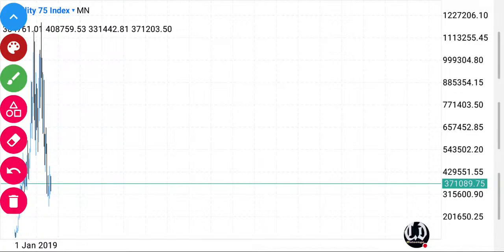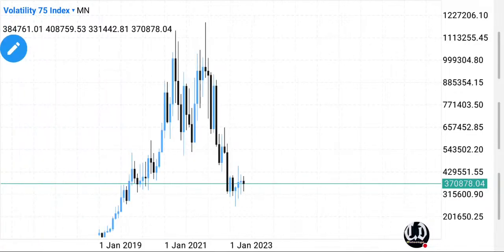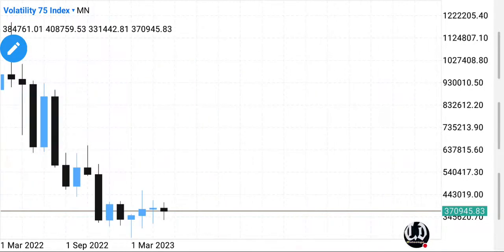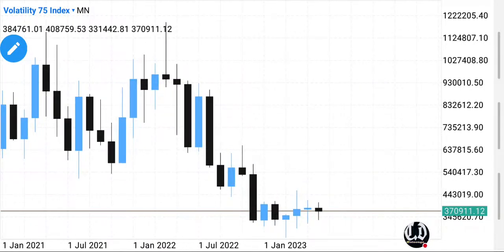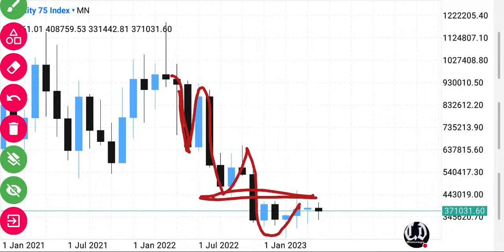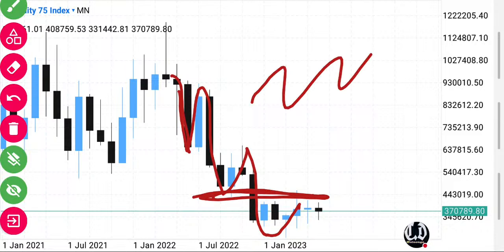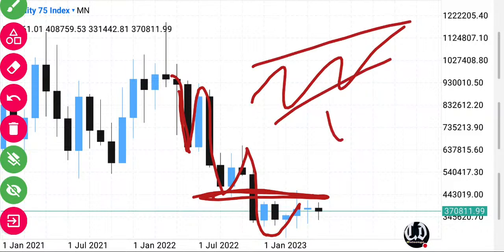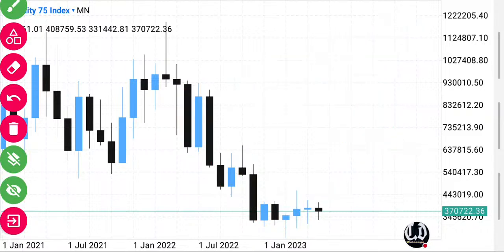We said we have to start from the monthly time frame. So you can see that right now, what is the monthly saying? The monthly is saying that we have been making lower lows, lower highs, lower lows, lower highs. We have come back to make a retest. We know very well that when the market is making higher highs and higher lows, or making lower lows and lower highs, this is a continuation pattern.